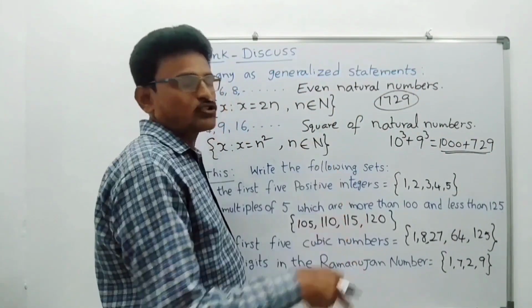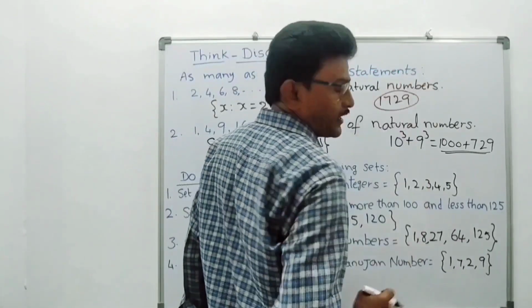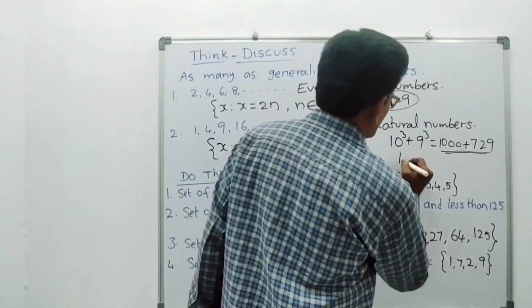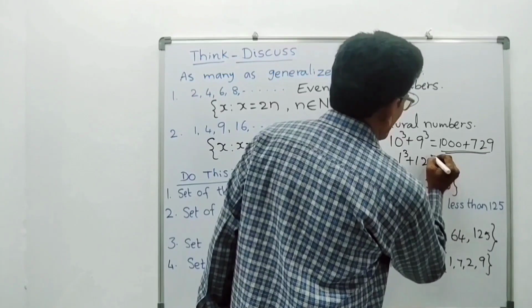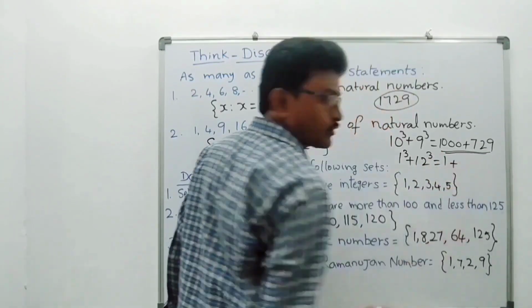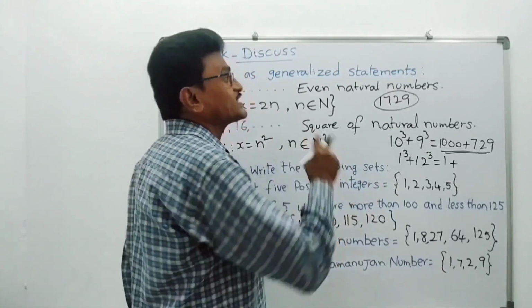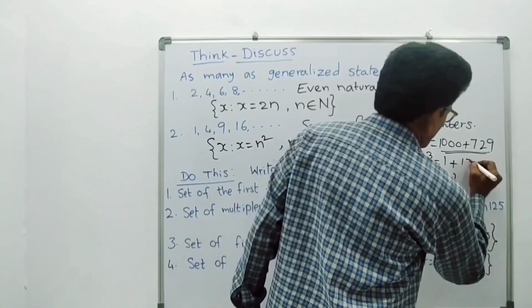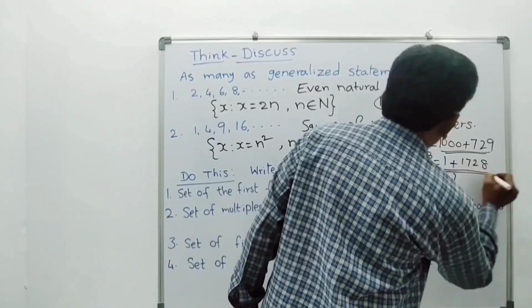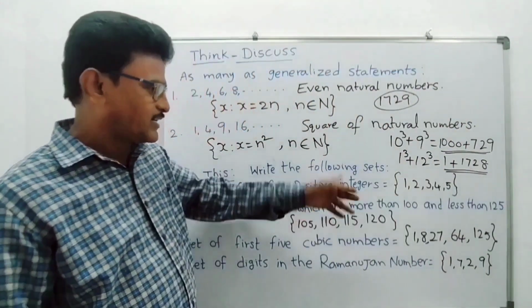In another way also, it was told: 1 cubed plus 12 cubed. 1 cubed is 1 into 1 into 1, that is 1. 12 cubed is 12 into 12 into 12, that is 1728. So the sum of these two is also 1729. Like that, it is one special number.